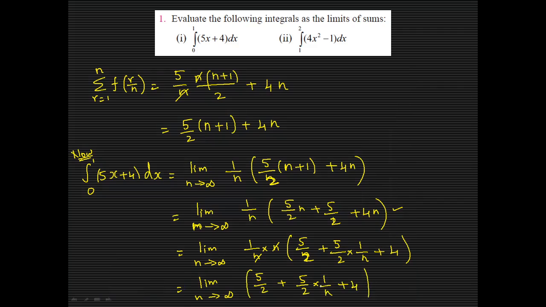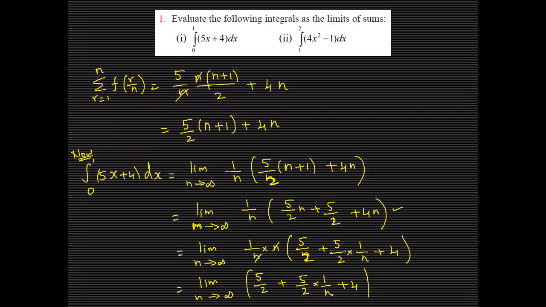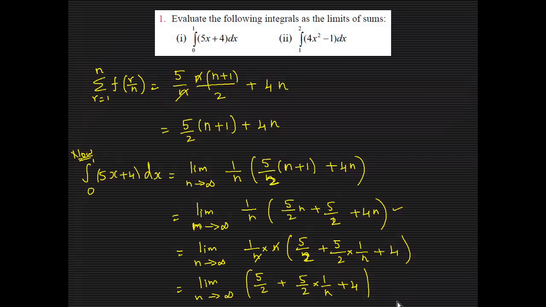If you apply the limit, the first term will be 5 by 2. Therefore integral 0 to 1 of 5x plus 4 dx is equal to, if you apply the limit for the first term, you don't have any n, so you will get 5 by 2 only. In the second term you have n in the denominator, so 1 by infinity is 0. So the second term will be 0, and the third term you don't have any n, so simply you will put 4.